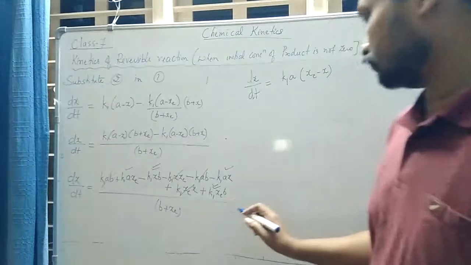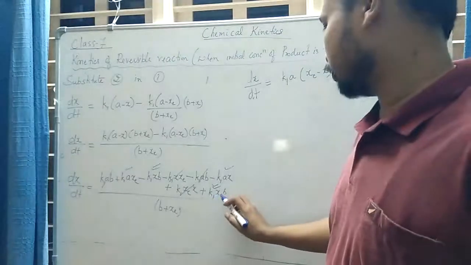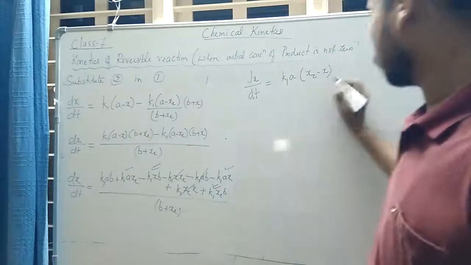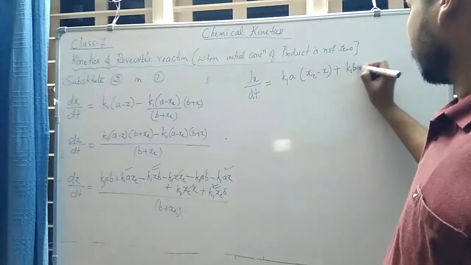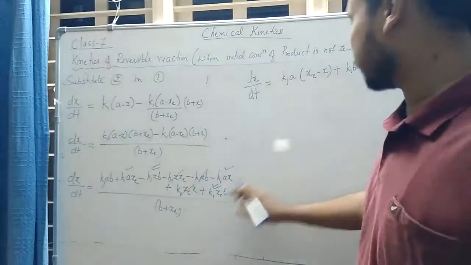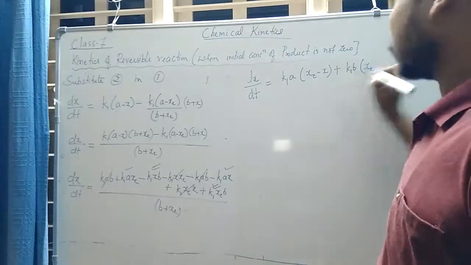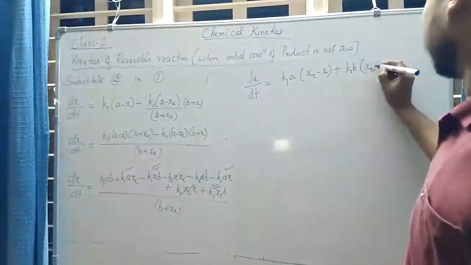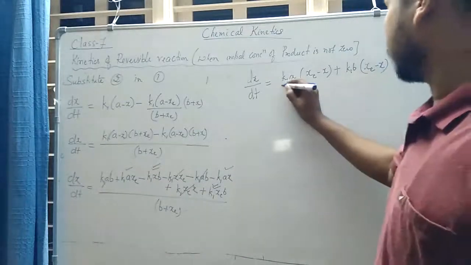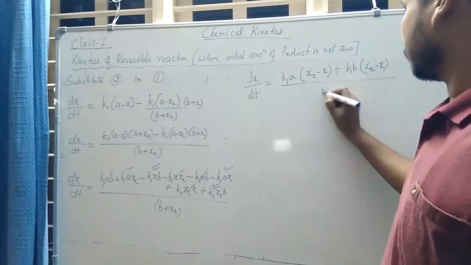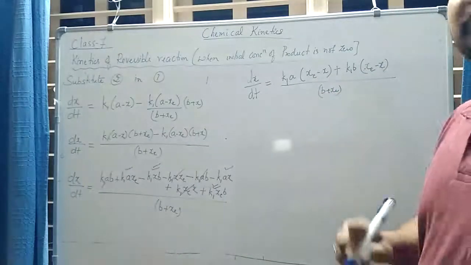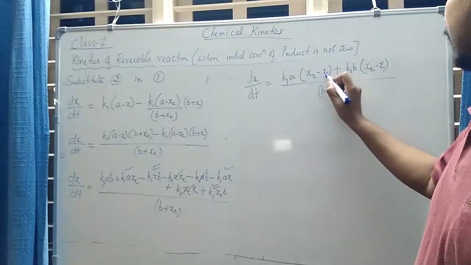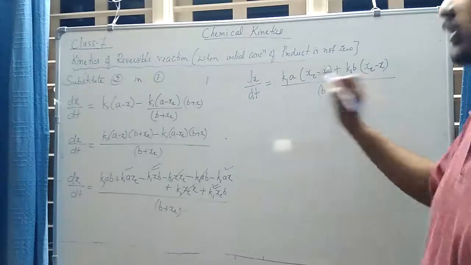Here k1 into b is common, so plus k1 into b, here I have xe and here I have minus x, divided by b plus xe. This can be further simplified because you have (xe minus x) into k1 as common.